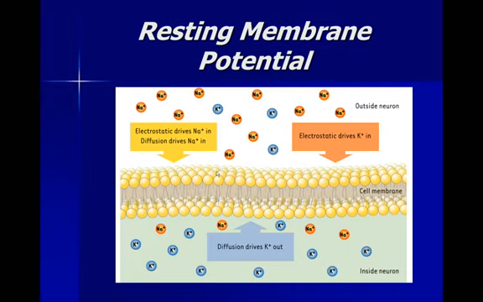Inside the neuron, there is an excess of potassium ions, and through just the process of diffusion, if you remember the basic chemistry, when you add an ion to a solution, it tends to distribute itself because those ions repel one another, and so just through that process of diffusion, you end up with those ions distributed. So there's a force trying to push those potassium ions out. There's also a force trying to push potassium ions in and sodium ions into the neuron.